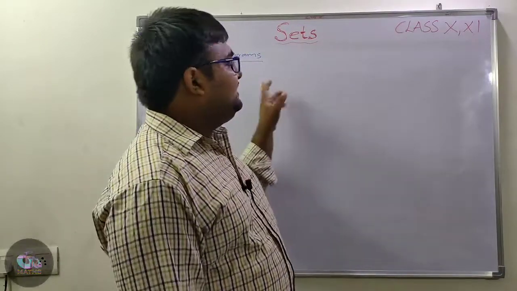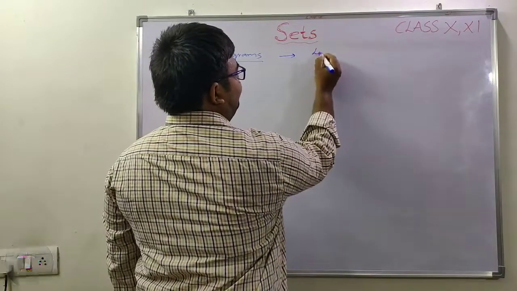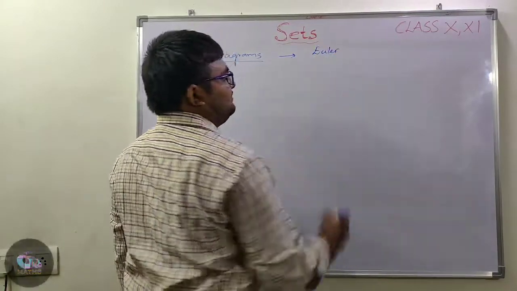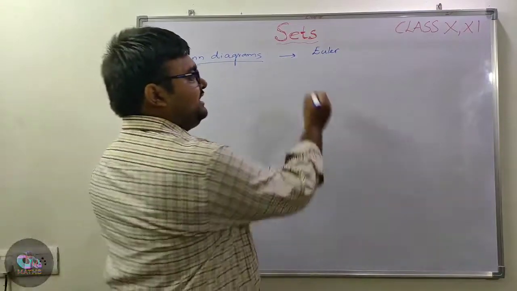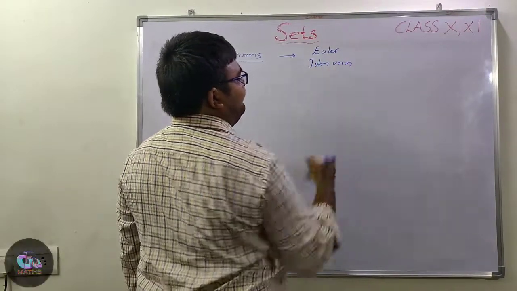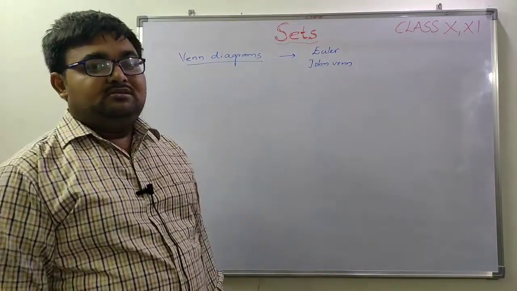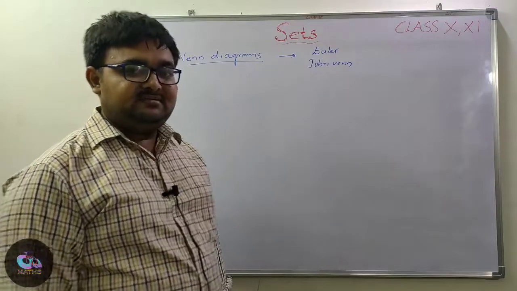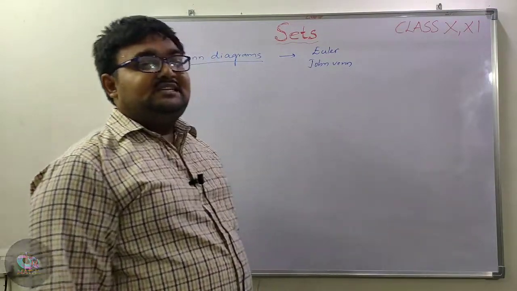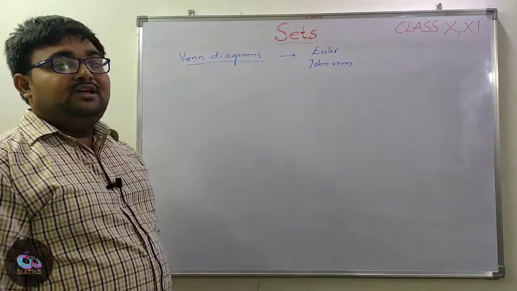This was initially introduced by Euler and continued by John Venn. These are the two mathematicians who supported Venn diagrams, so they are also called Venn Euler diagrams.